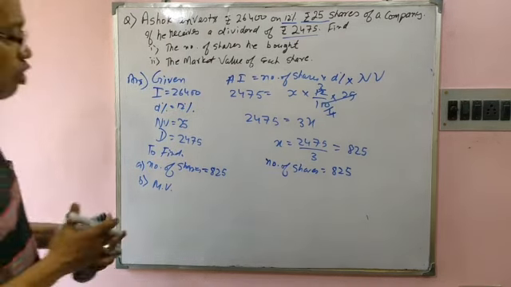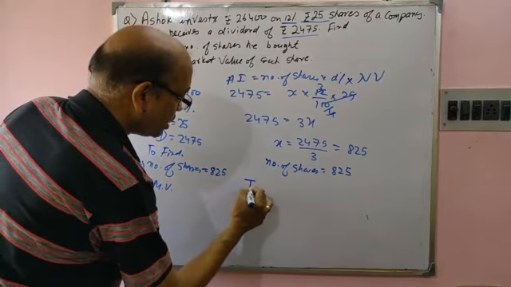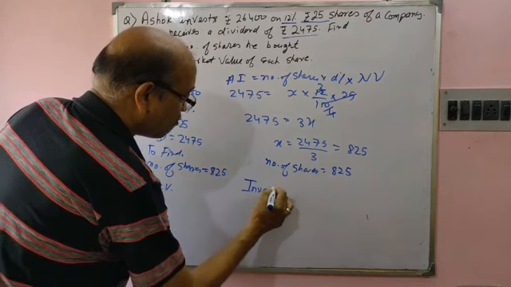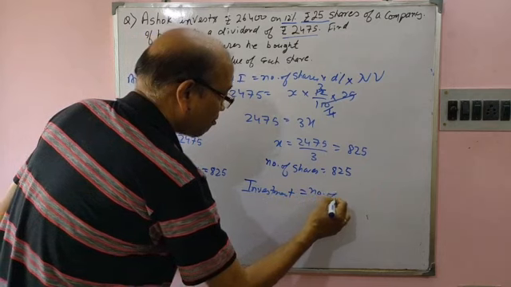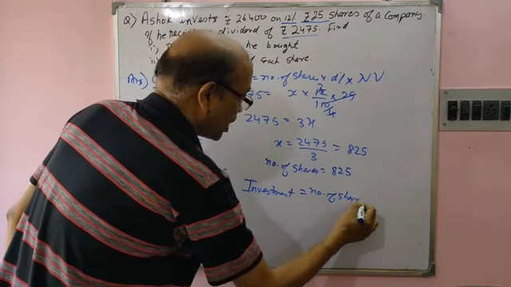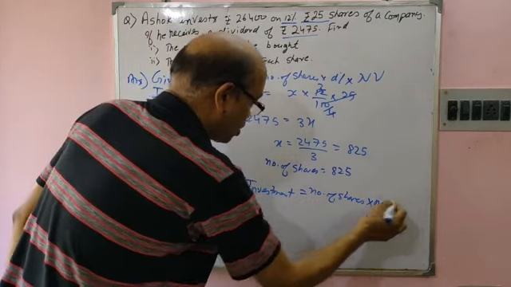Now we have to find the market value. Now we will use that formula. Investment is equal to number of shares into market value.